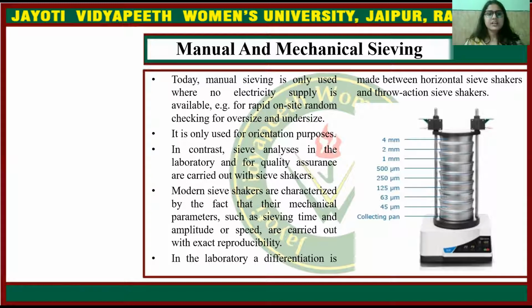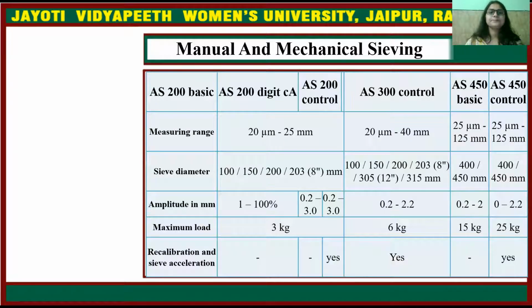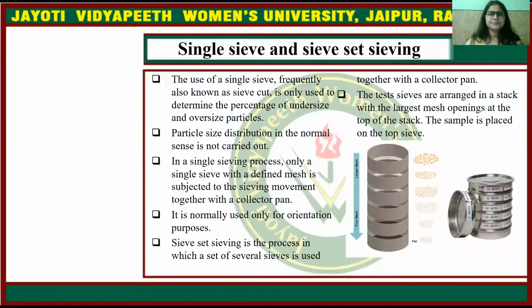Modern sieve shakers are characterized by the fact that their mechanical parameters, such as sieving time and amplitude or speed, are carried out with exact reproducibility. In the laboratory, a differentiation is made between the horizontal sieve shaker and the throw action sieve shaker. This is basically the manual and mechanical sieving. So go through it.